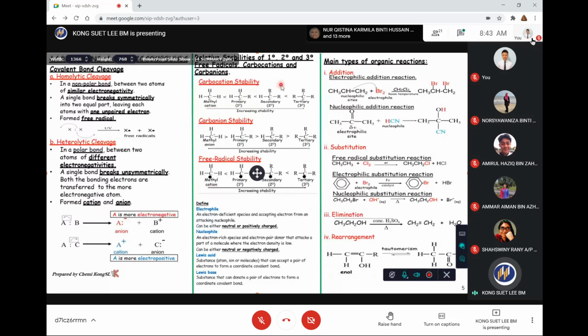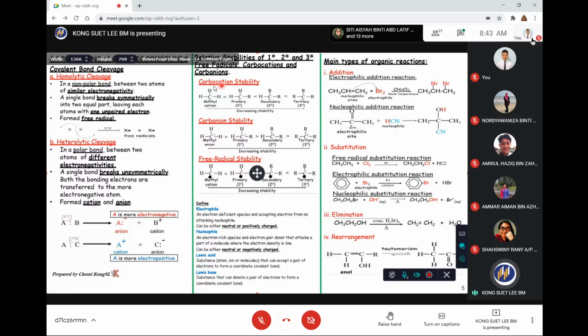Okay, now the next point is you must know the stability of carbocation, carbanion, and free radical. The concept for carbocation and free radical is the same.